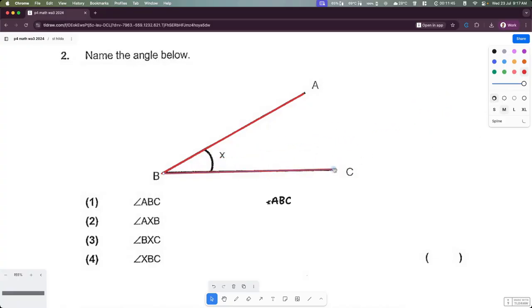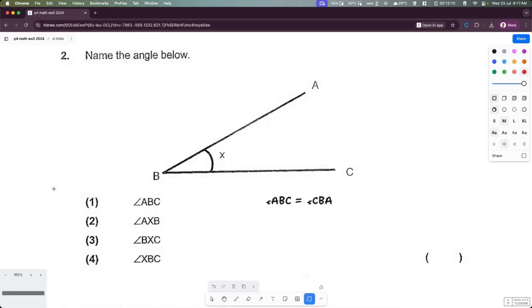Okay, so we can start from here, or what we can do is we can actually say C, B, and then A, right? So this is also correct as well. So this can be also angle C, B, and A, right? So in this case, we have these two options.